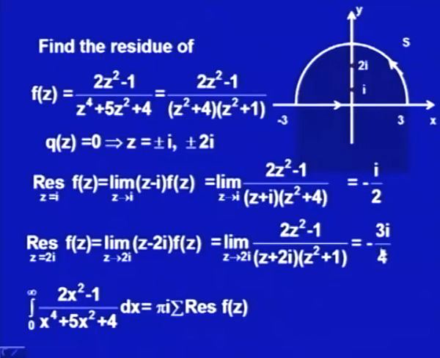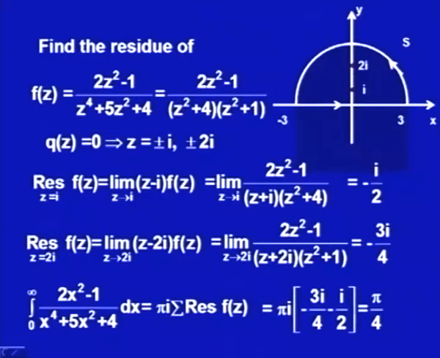We had calculated the residues over there as −i/2 and −3i/4. So, we do get πi times (−3i/4 − i/2), that is π by 4. So, this is plus i by 2. So, it is π by 4. So, we have evaluated this integral using the residue theory.